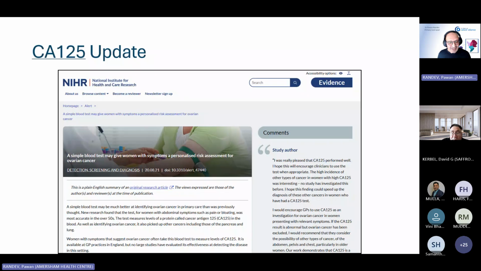And the answer is actually in women who are over 50, and this is where the data is strongest, you should revisit the history and examination, consider whether that woman should have a chest x-ray, whether you should do a FIT test, whether further abdominal examination, perhaps with an ultrasound or a CT.